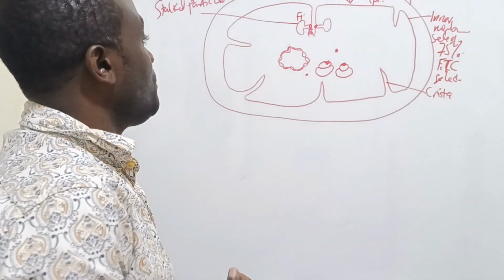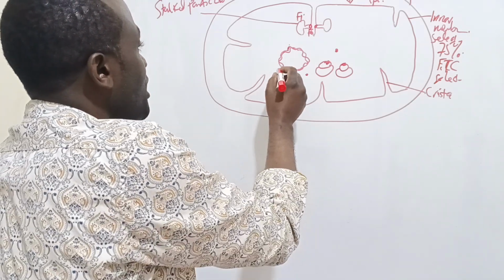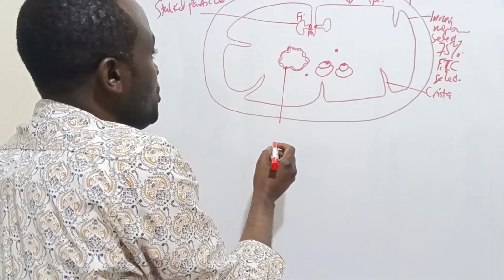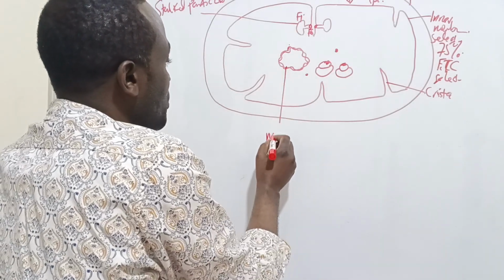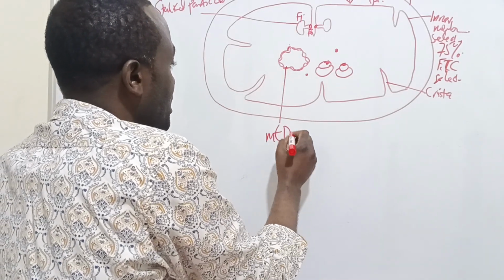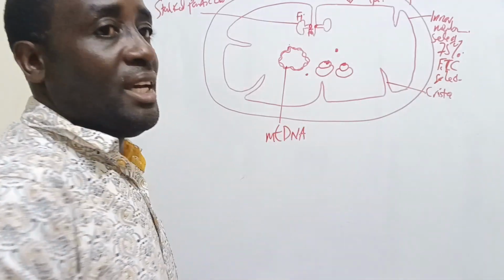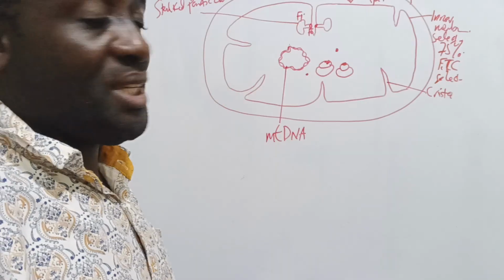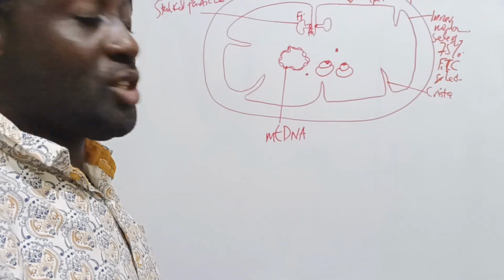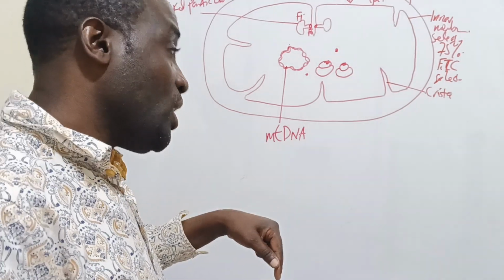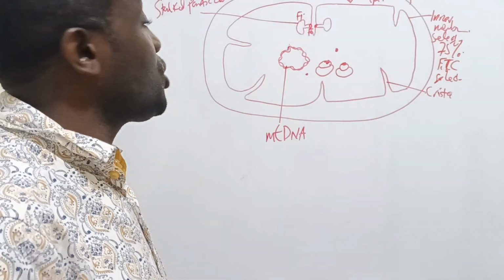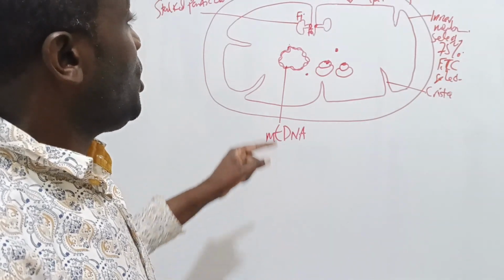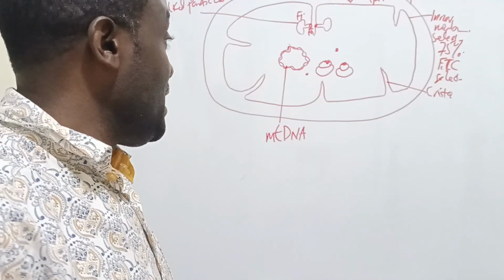Now, this structure you see here is the mitochondrial DNA. However, this mitochondrial DNA is similar to our cells' DNA. Remember, mitochondria are within our cells almost as a host; there is what is called endosymbiosis. It has its own DNA.